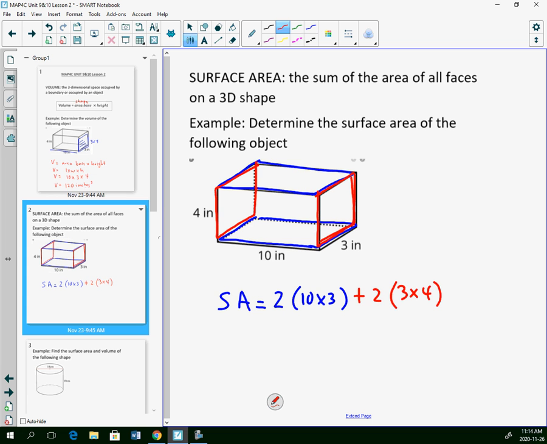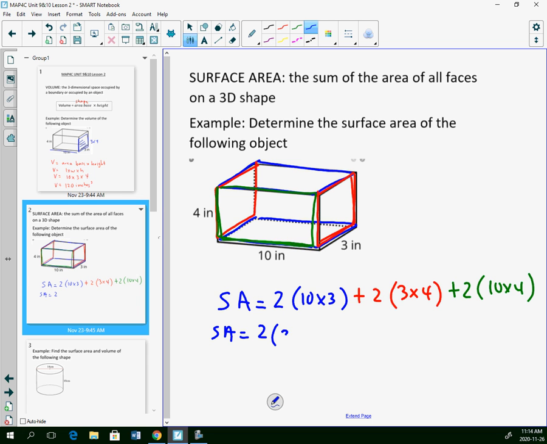We have one over here. And then we have this side here, which is 10 by 4, and we have 2 of those. So we have 3 different sides and 2 of each.